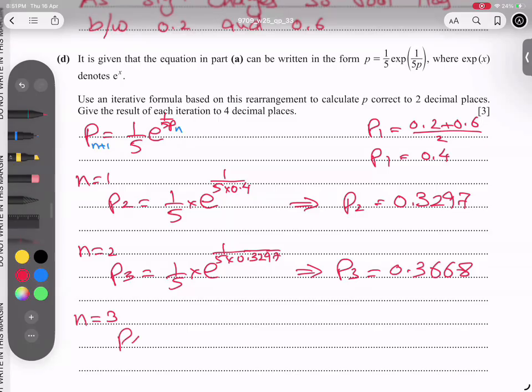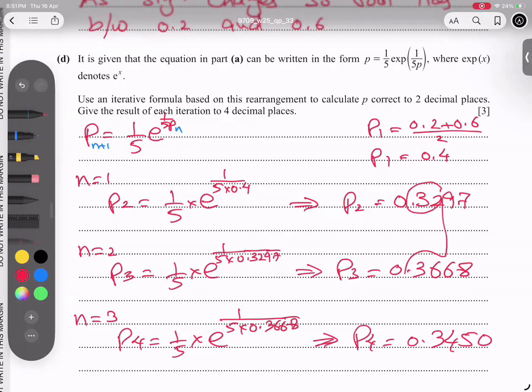So p4 is giving us e to the power 1 over 5, and this value will come and replace here, into 0.3668. And p4 value is what? My answer is 0.3450. We have to stop at 2 dp, please.